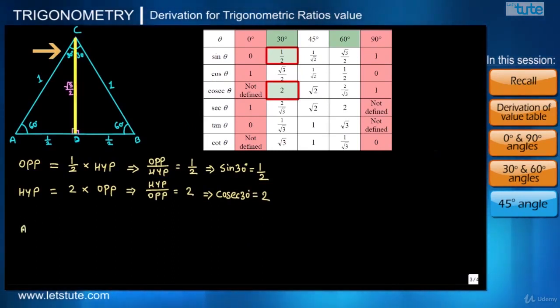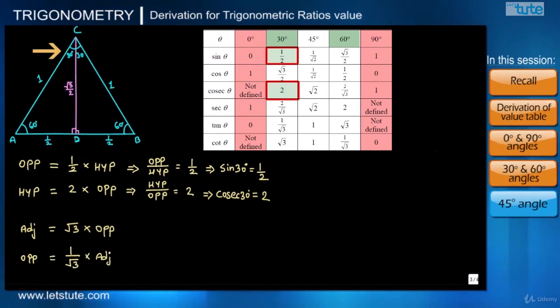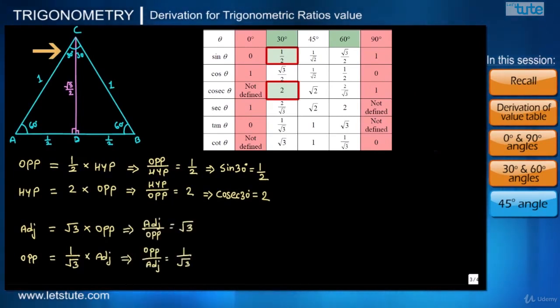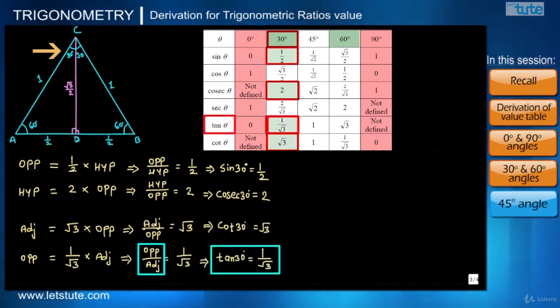Again, if we look at the adjacent side of 30 degrees, we observe that always it is root 3 times its opposite side, or we could also say opposite side is 1 upon root 3 times its adjacent side. And so we have defined cot 30 as root 3 and tan 30 as 1 upon root 3.